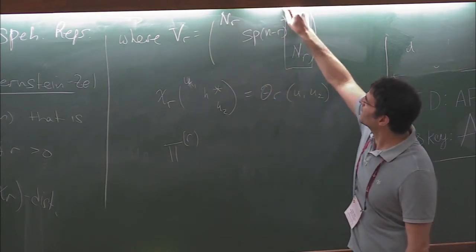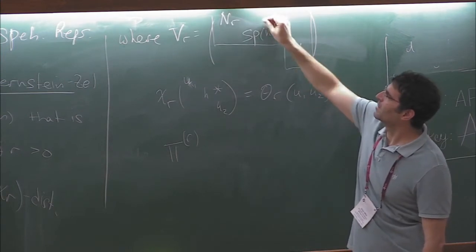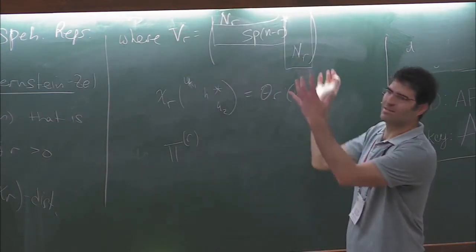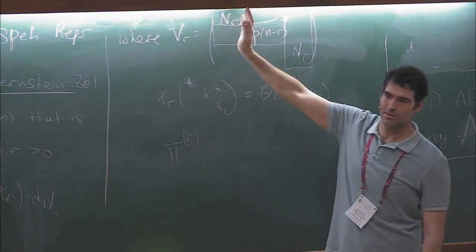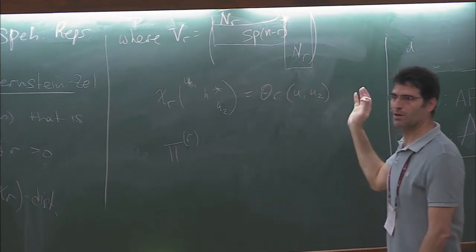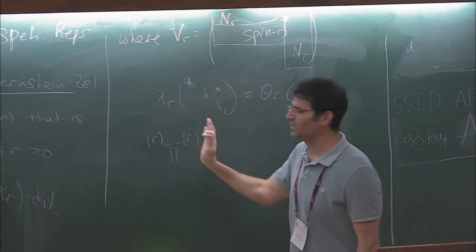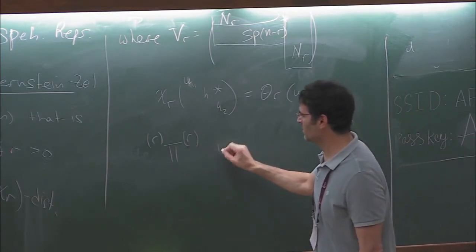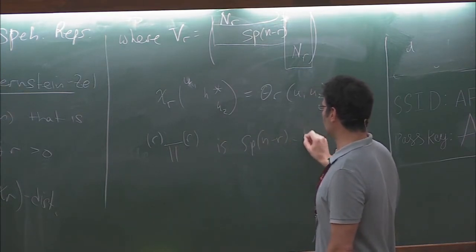This is going to be a representation of this block. And now you're looking again at a subgroup of this form, but in the opposite direction. The NR is now per left block instead of the lower right. So you take a Bernstein-Zelevinsky derivative in the opposite direction. And you're saying that this representation is SP n minus R distinguished.